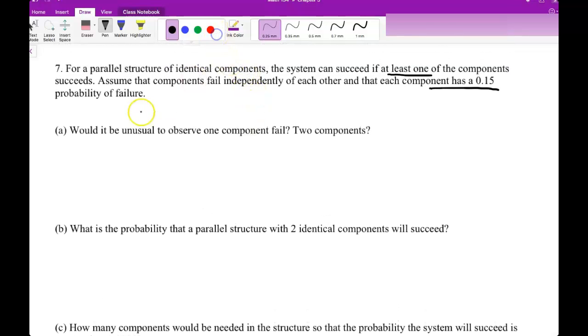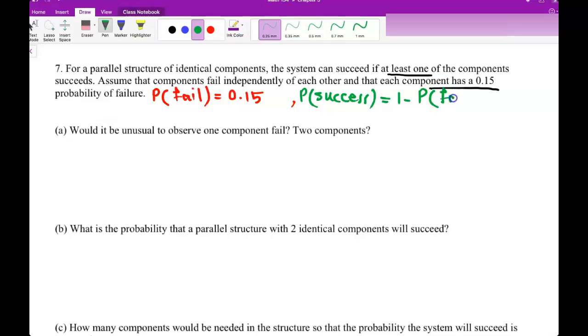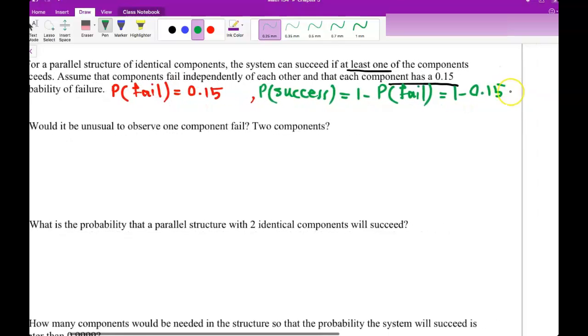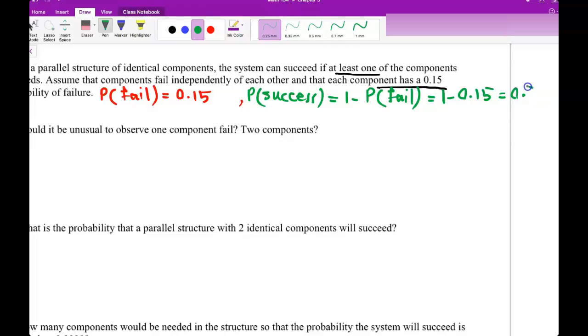So what is given is the probability of failing is 0.15, and based on that, the probability of success is equal to 1 minus the probability of fail. That's 1 minus 0.15, and it's 0.85.